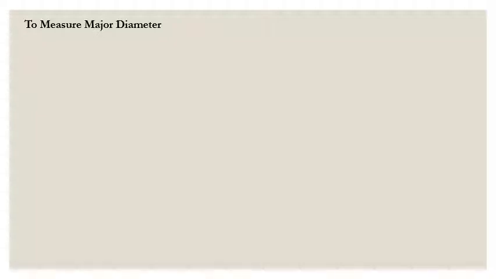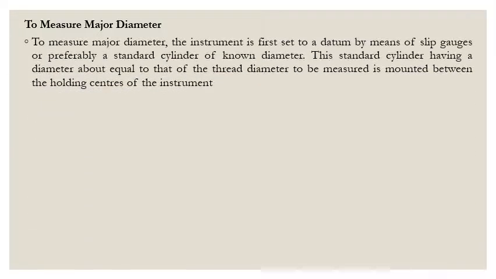Now let us go through the procedure to determine the major diameter on the floating carriage micrometer. To measure the major diameter, the instrument has to be first set to a datum by means of a slip gauge, or preferably a standard cylinder of known diameter.